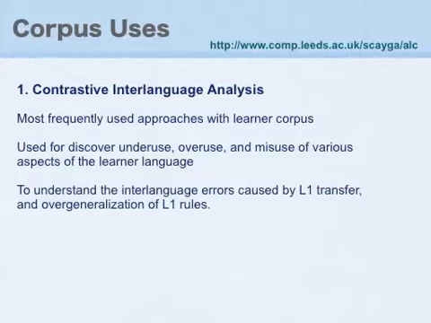This is still one of the most frequently used approaches for analyzing learner corpus, as it enables researchers to observe a wide range of instances of underuse, overuse, and misuse of various aspects of the learner language. It is also used to understand the interlanguage errors caused by first language transfer and overgeneralization of first language roles.